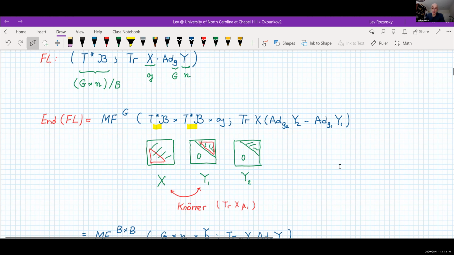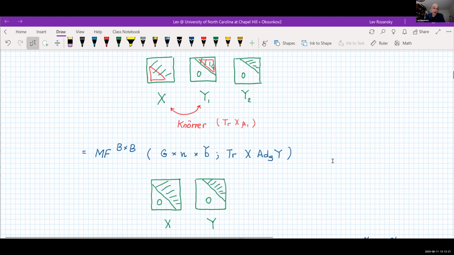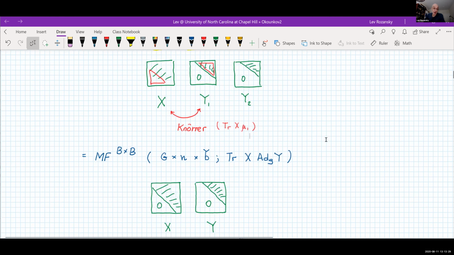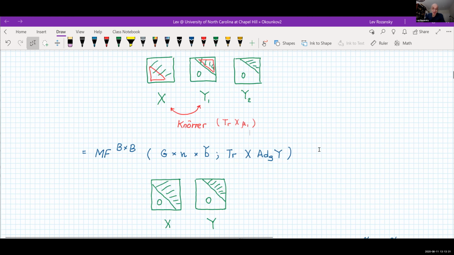So X becomes Borel, Y1 is gone, and G equivariance is traded for Borel equivariance because you put the first flag in the standard position. So now you have two Borels. The first flag is standard, the second flag is parameterized by the group element G here.